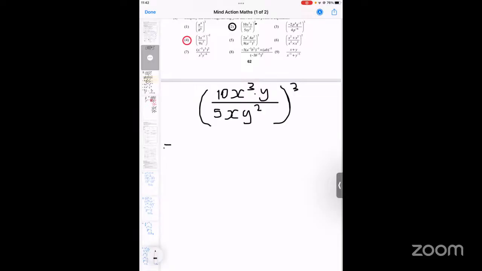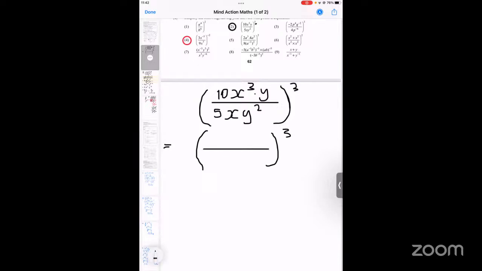Okay, so the other way, Langelihle, is where you start with everything inside and then you later apply that outside exponent.